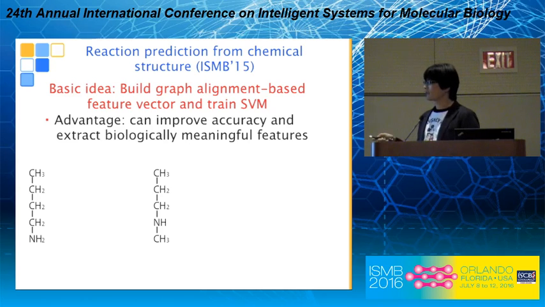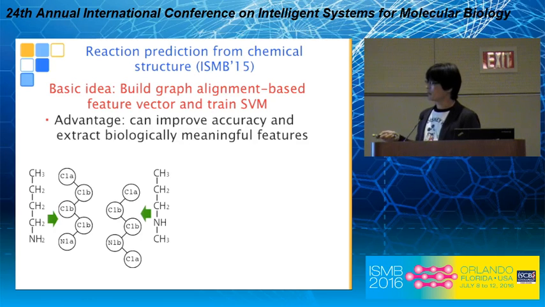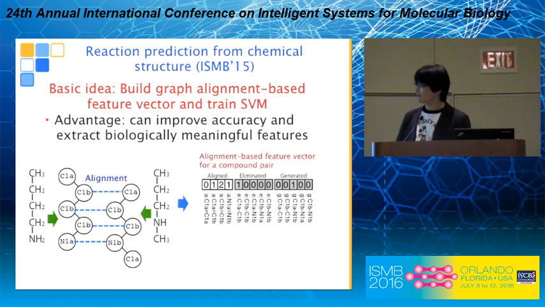So let's consider that we are now interested in the enzymatic reaction likeness between these compounds. The first thing to do is to make a molecular graph like this, a labeled graph that represents a molecule. And we make a chemical structure alignment like this, that is an atom-to-atom mapping that extracts the conserved substructure and the non-conserved substructure, and that can generate the alignment-based feature vector for a compound pair like this.